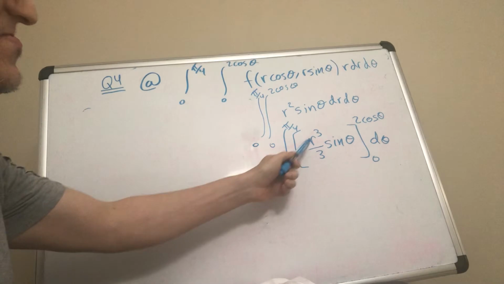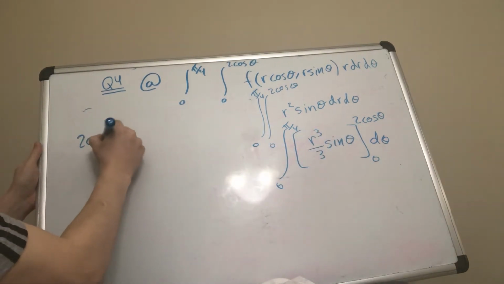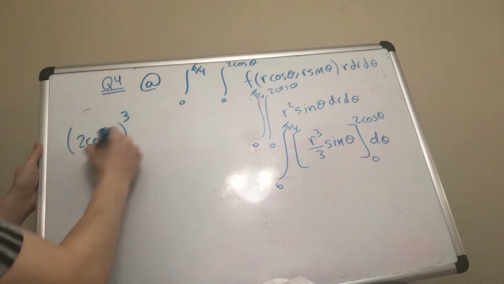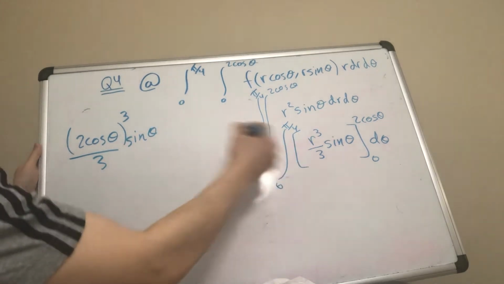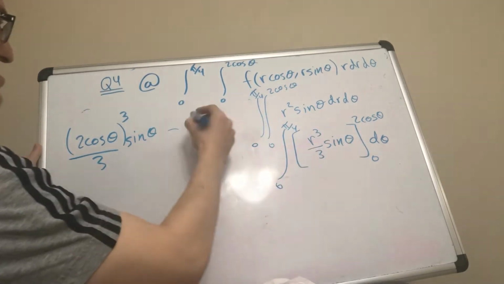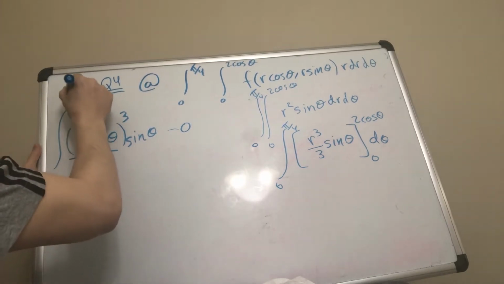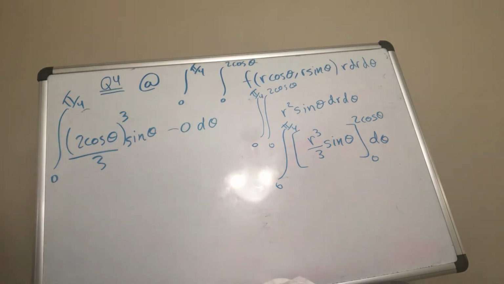Now, instead of r, plug in 2 cosine theta, so it'll be (2 cosine theta) cubed over 3 sine theta, minus plug in 0, which is 0, and then d theta.